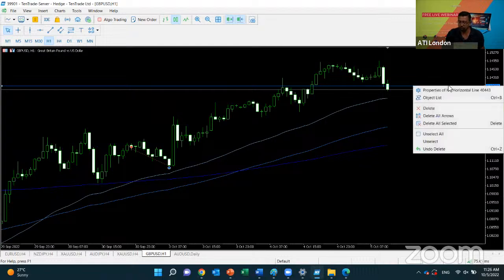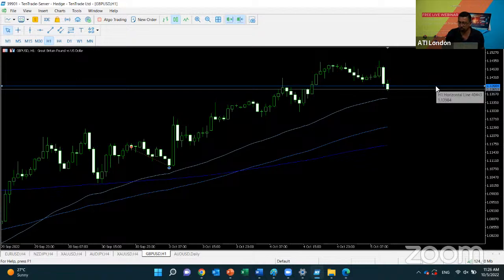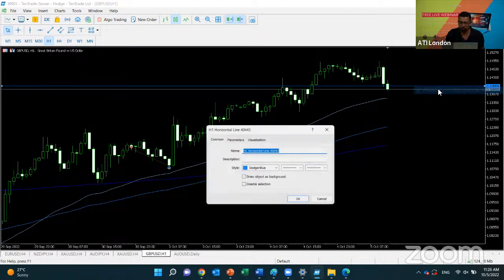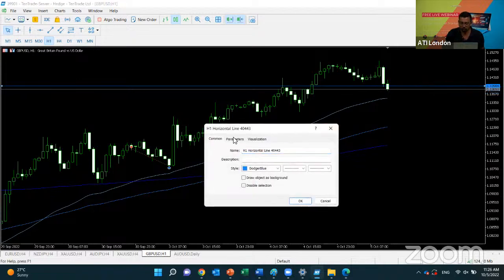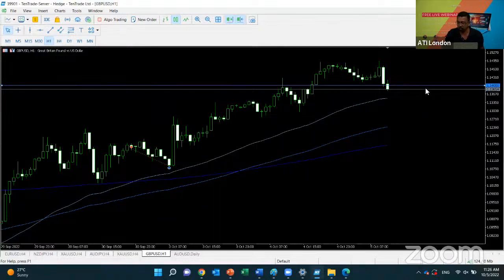So I will draw that horizontal line at 1.1400. Okay, so here we have 1.1400 right there. So we've got a single horizontal line marked using the principles of psychological numbers at 1.1400. That's on the upside of the current price.